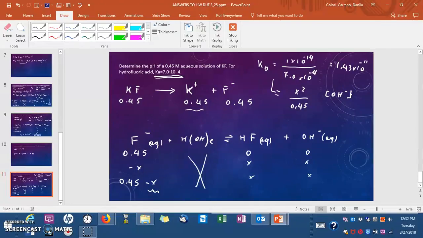So this is times 0.45, square root, and this is very small, it's 2.54 times 10 to the negative 6, which gives us a pOH of 5.60, which means a pH, which is what they are looking for, of 8.40.